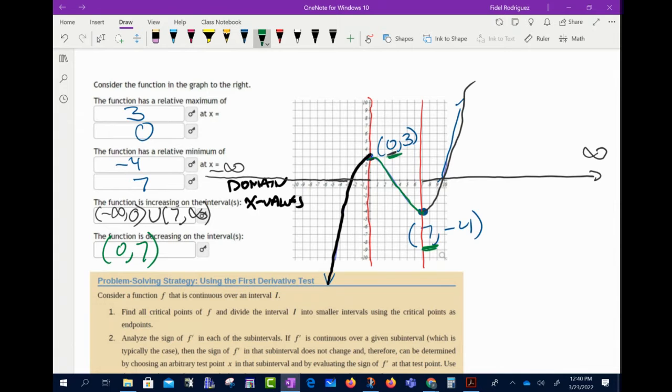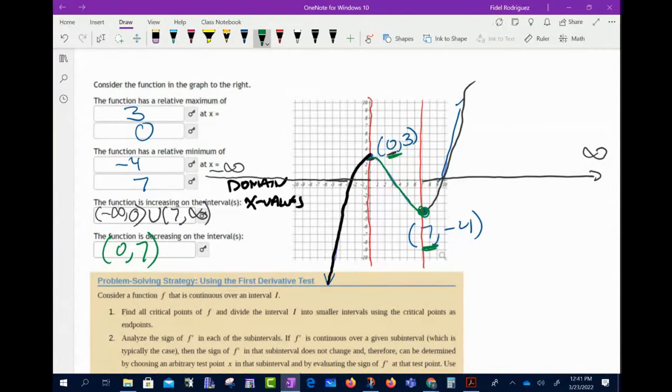Okay? Now, with these, we're looking at open intervals. So I'm not including those endpoints because at those actual points, it's not either increasing or decreasing. At the number 7, it doesn't increase or decrease. That's why we use open intervals.